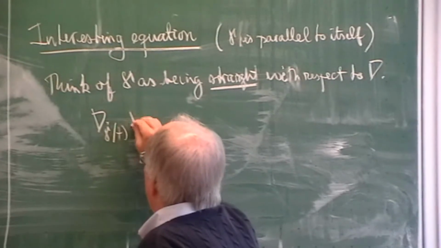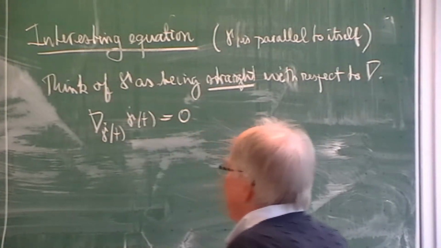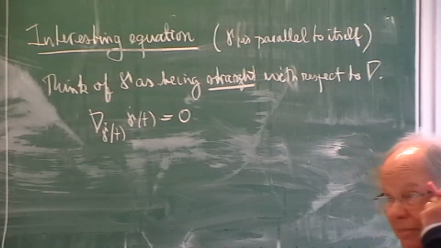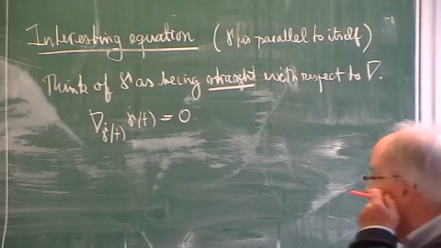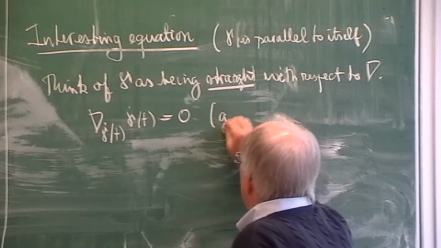This is the differential equation for being straight, and we call this the geodesic equation.